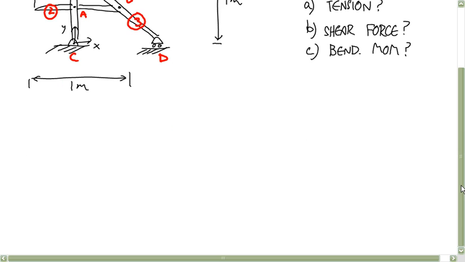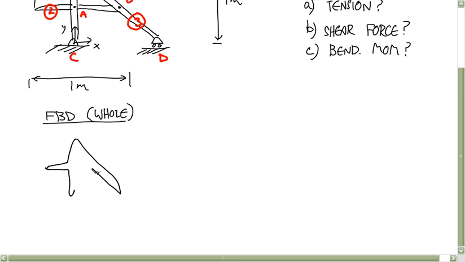First step is isolate the whole member, the whole body. So the free body diagram looks something like that. And external loads, you have the 10,000.